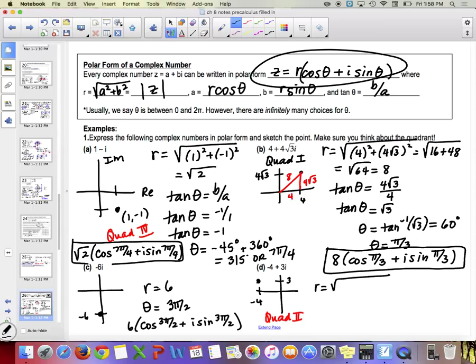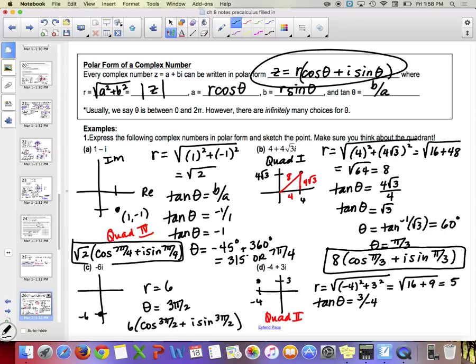So my r is going to be the square root of -4 squared plus 3 squared. So it's going to be the square root of 16 plus 9. So I get square root of 25, which is 5. My tangent of theta is going to be the y value, which is 3 over the x value.